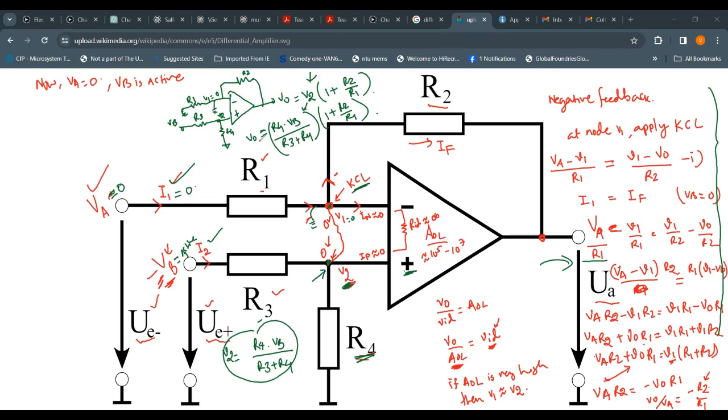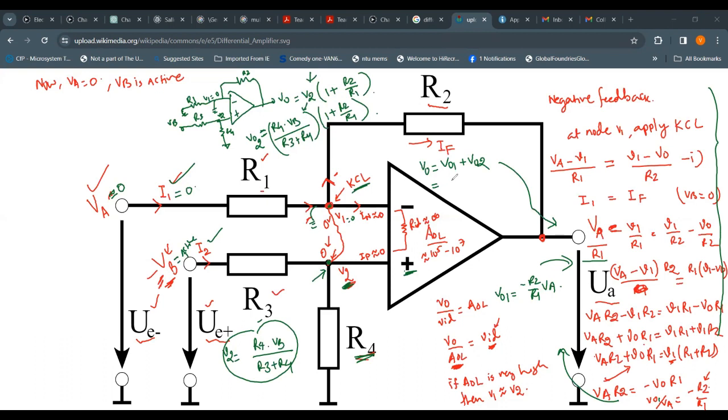So let's say this is the VO2, and that is your VO1. Okay. And the VO1 here can be written as negative R2 over R1 multiplied by VA. And the final output would be VO1 plus VO2. That is the output coming due to both inputs.